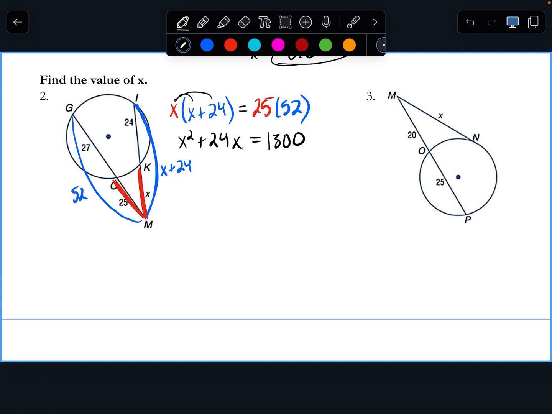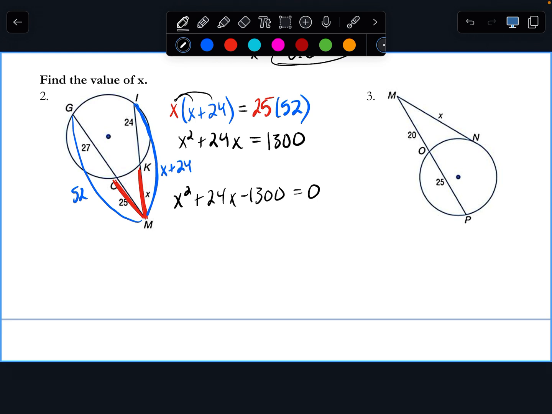Yay! Loving life. So I'm going to scooch that 1300 over. And I'm like, am I really going to factor this? Because I'm going to start crying. Well, it actually is factorable, so I'll help you with that. If it's not, quadratic formula. I wrote it on the board if you forgot it. But it's a nice little song.